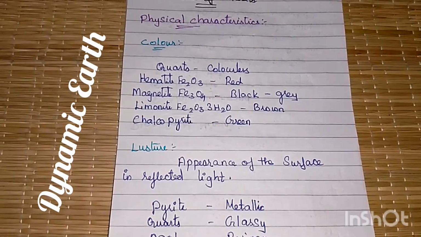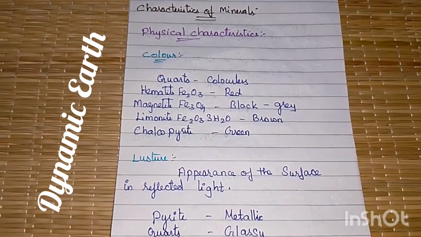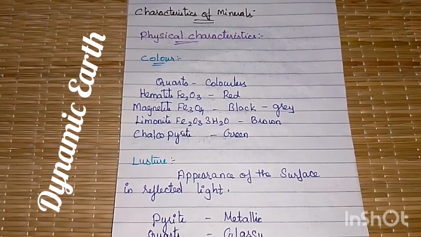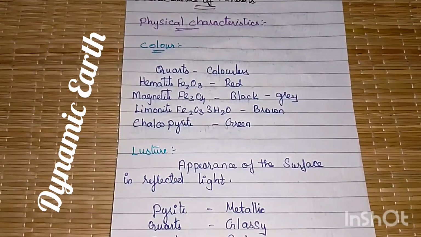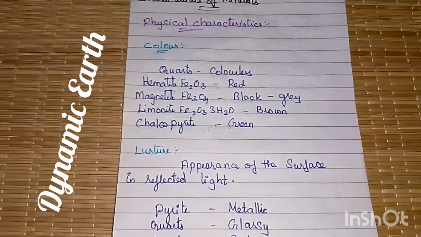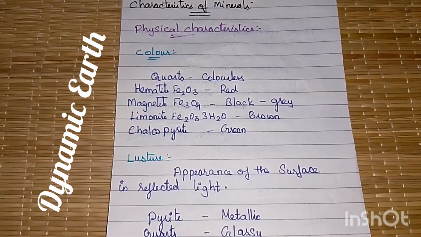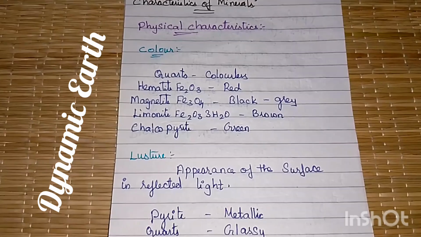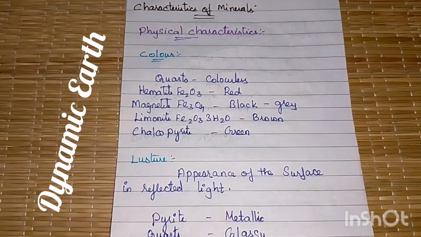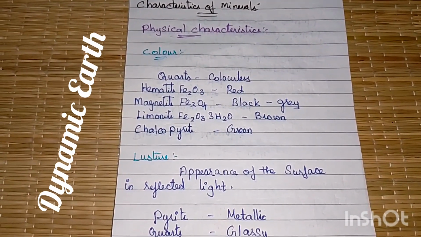The first one is color. All minerals will not satisfy all these characteristics. Some will possess some characteristics, and some will not, but a mineral should satisfy at least some of these characteristics. For example, if you take color, it is a physical characteristic.